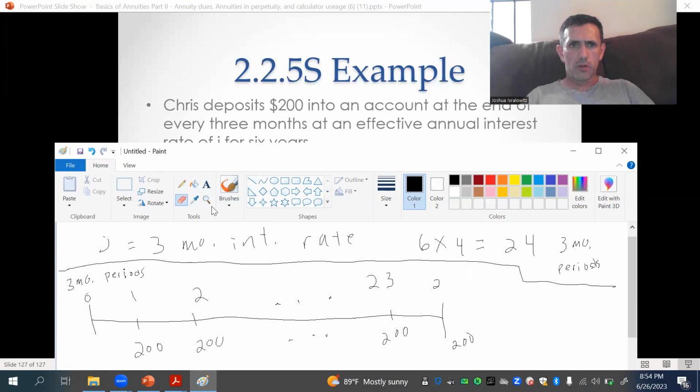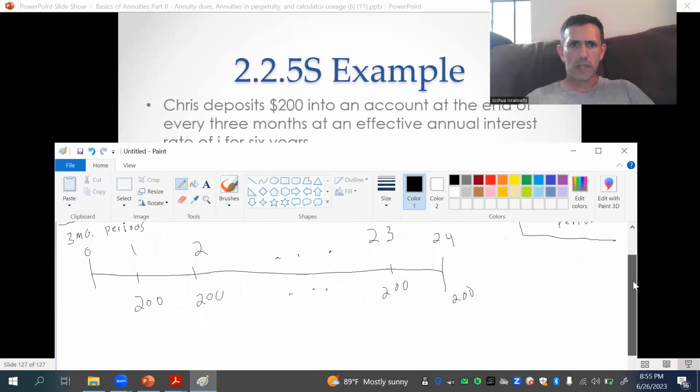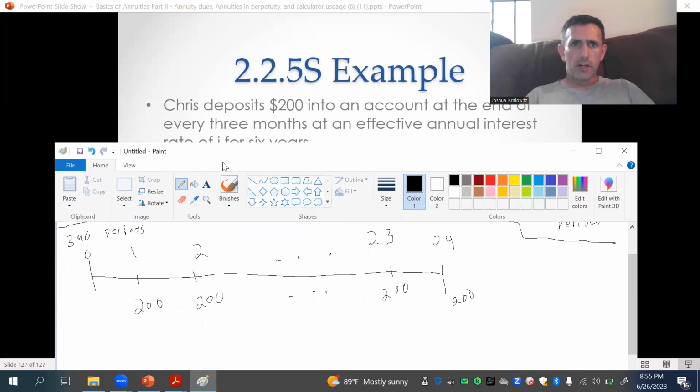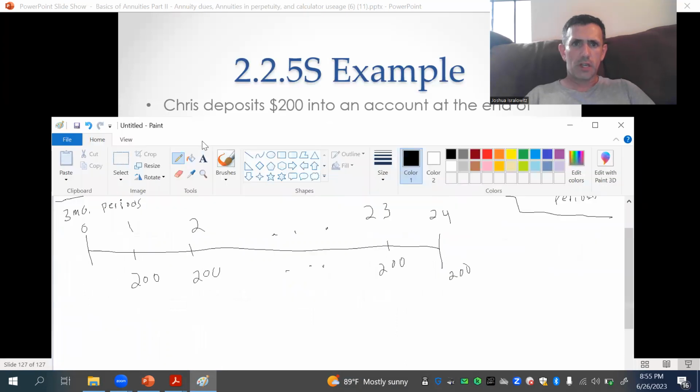So we just plug into a formula. We don't know what the 3-month interest rate is, so we can't use the calculator. Thus is life.